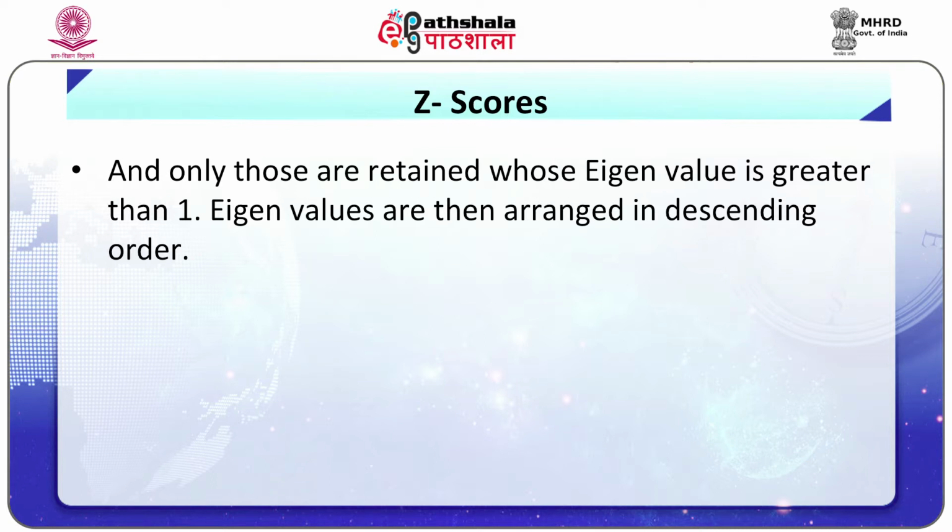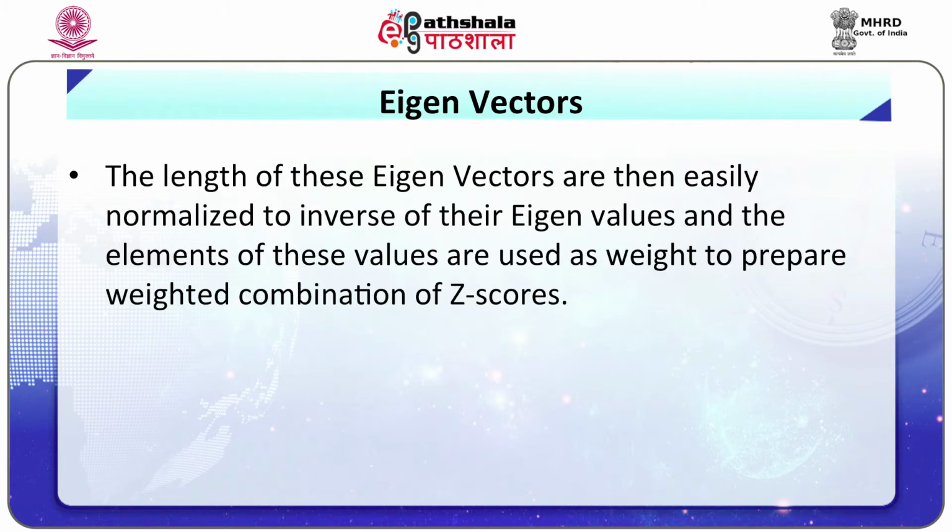Eigenvalues are then arranged in descending order. The length of these eigenvectors is then normalized to the inverse of their eigenvalues, and the elements of these vectors are used as weights to prepare the weighted combination of Z scores.